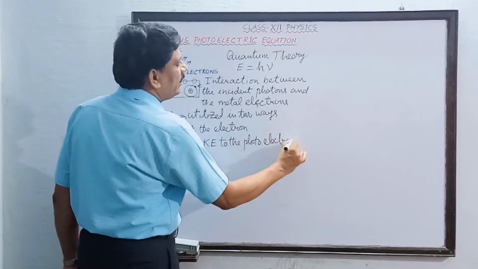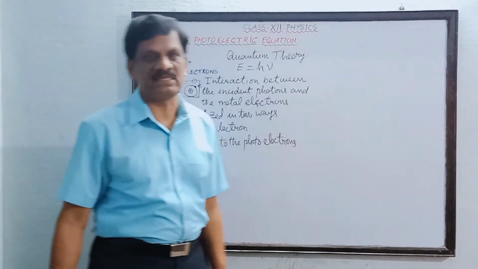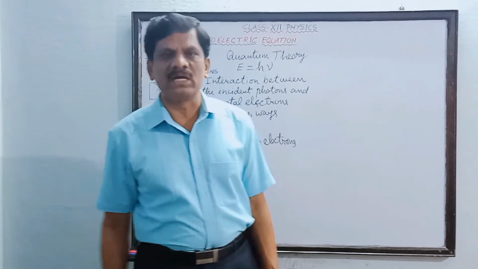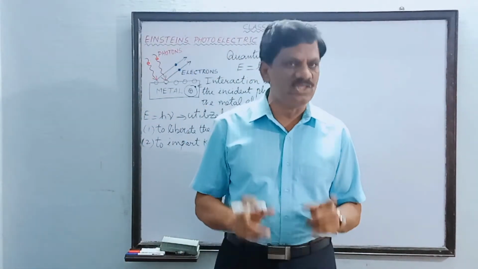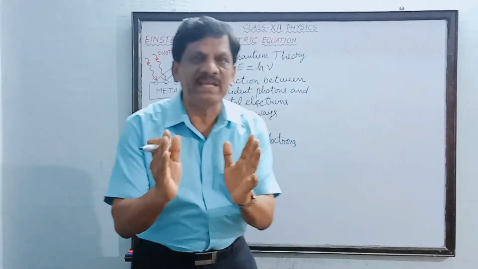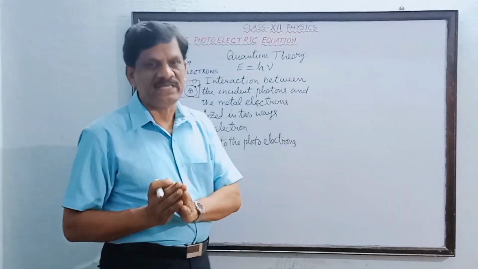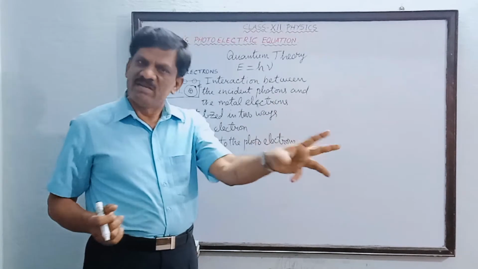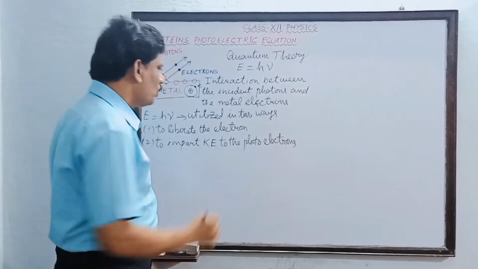This is the theory you must have studied in the previous class. The incident photon energy E equals h nu is utilized in two ways. A part of the energy is utilized just to liberate the electron from the nuclear influence. This is called the work function.